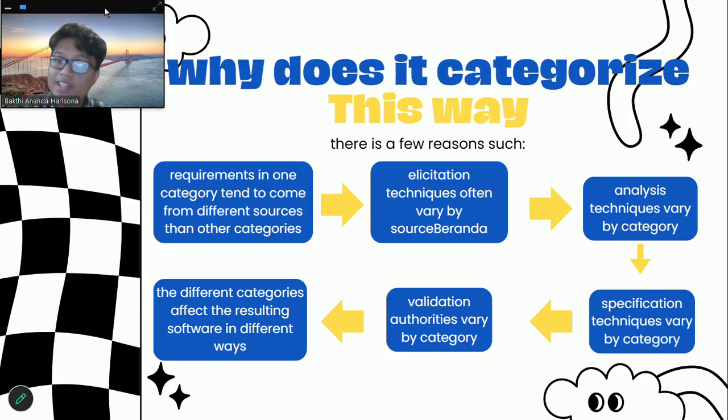Second, elicitation techniques often vary by source. Third, analysis techniques may vary by category. Fourth, specification techniques vary by category. Fifth, validation authorities vary by category. And the last reason is that different categories affect the resulting software in different ways.